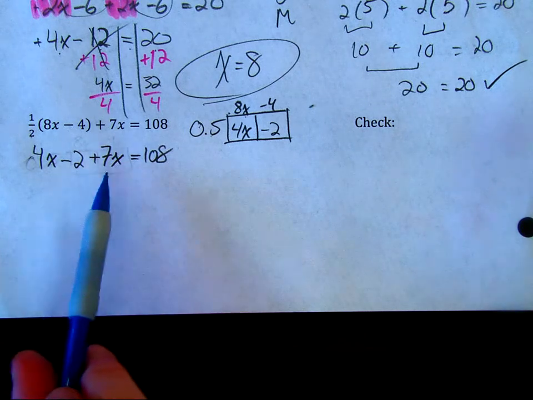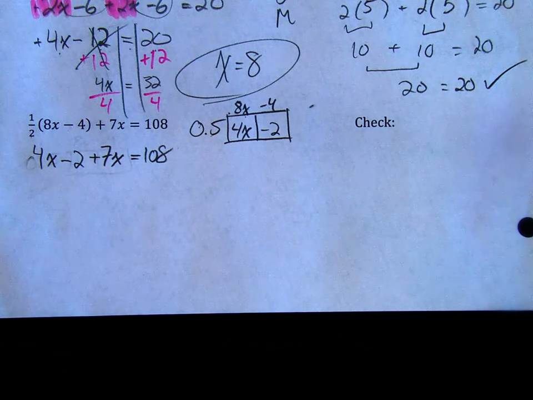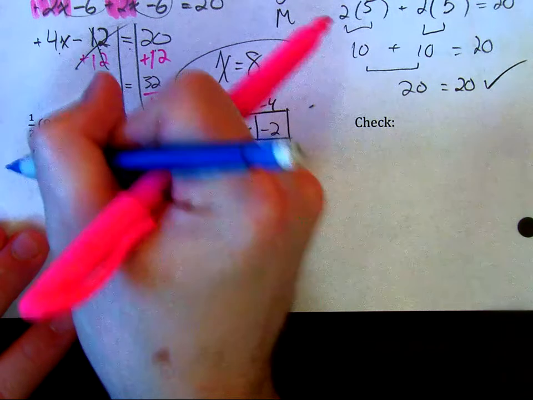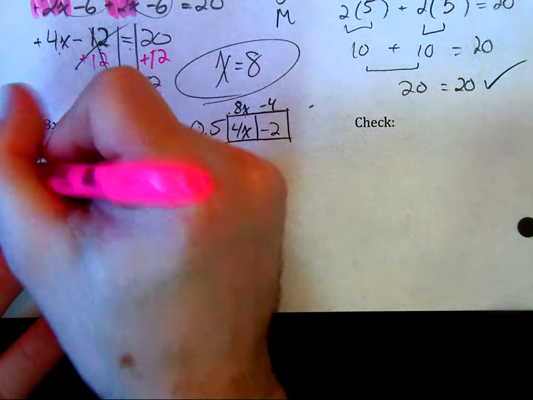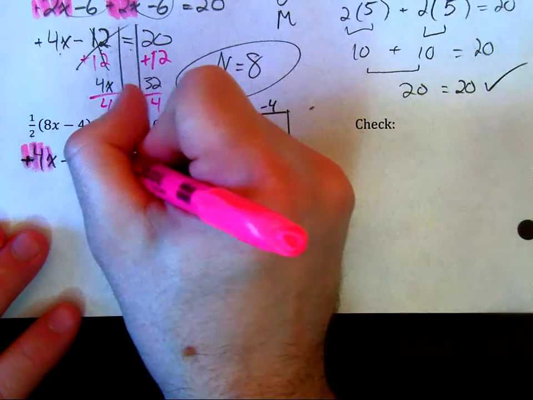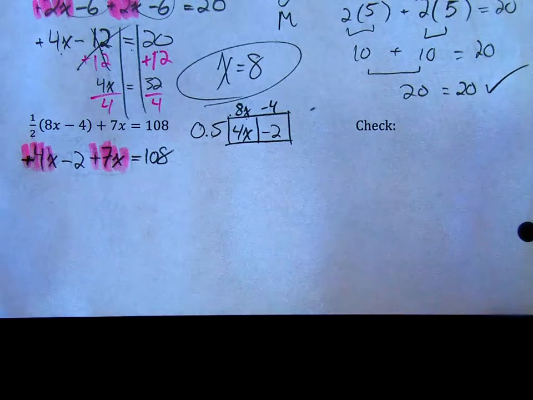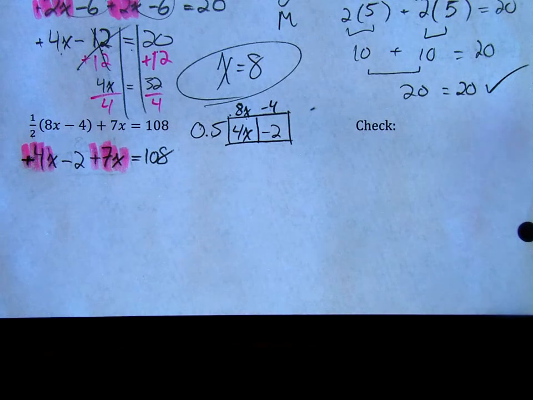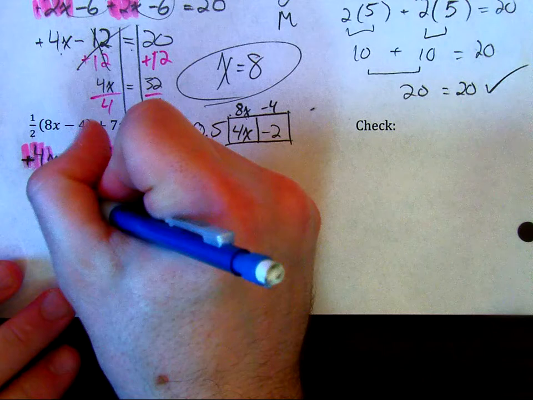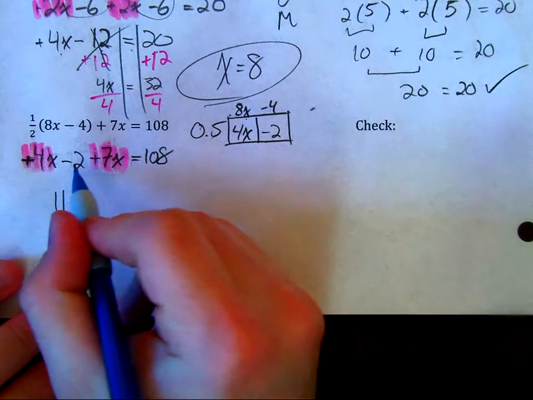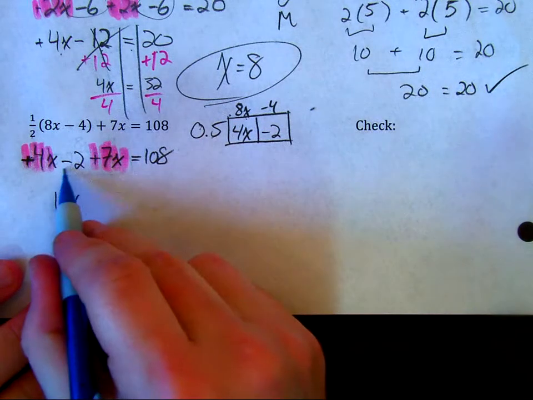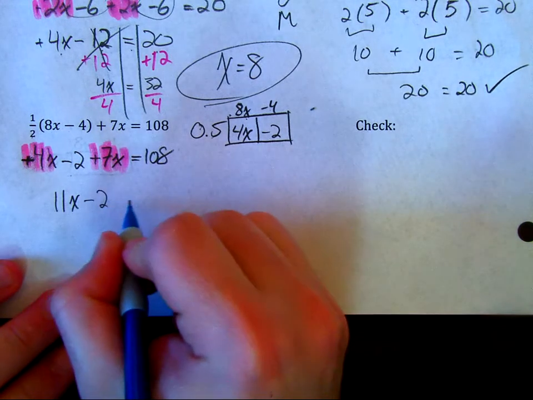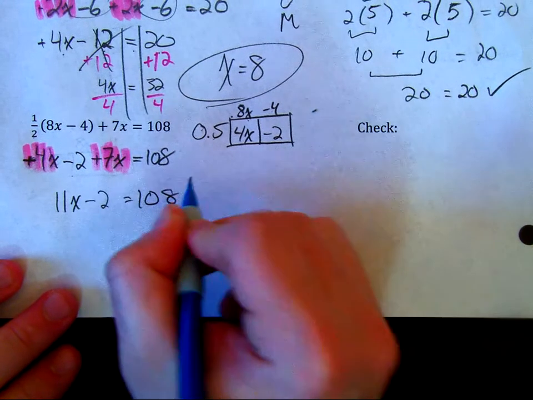All right, sounds good to me. So let's see. I have a positive 4x, and a positive 7x. What would that combine to be? Sounds fine to me. So 11x. Since there's no other terms that I can combine on this left side, the -2 comes down. And so again, we just have a simple two-step equation.